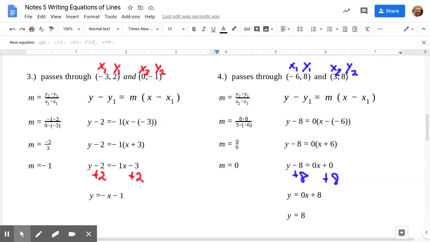So all points on the line will have a y value of 8, meaning for us, the equation of the horizontal line should have been y equals 8. But again, point slope formula is kind of nice because it will still get you to the end result, even if we don't go through thinking of all these processes. But that doesn't mean we shouldn't try thinking occasionally to see if we can catch on to some of these nuances.